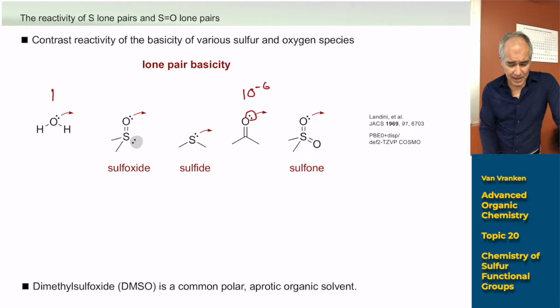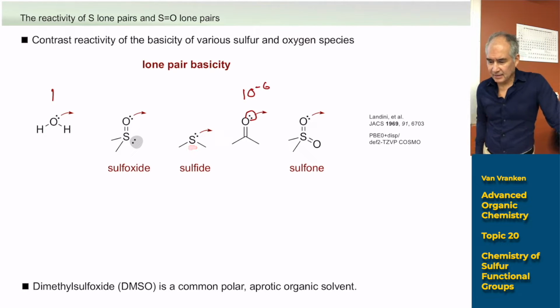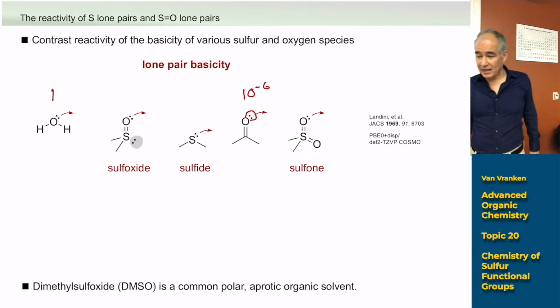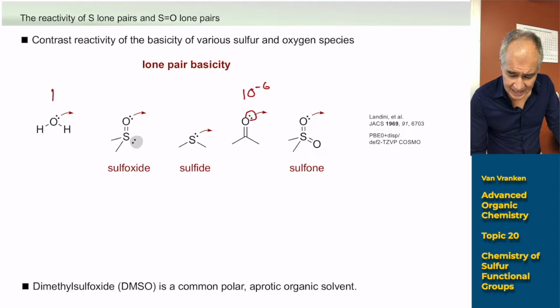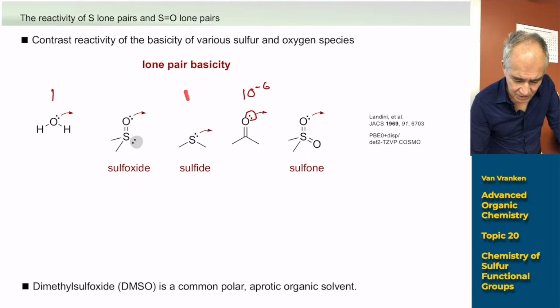Now let's take a look at what happens if we compare water to some sort of organic sulfide. Sulfur is not as electronegative as oxygen, nowhere near. There's not as much partial negative charge on there. It is harder to stick a proton on sulfur, significantly harder. You don't see a lot of reactions that start with protonation of sulfur, because it's so much less basic.